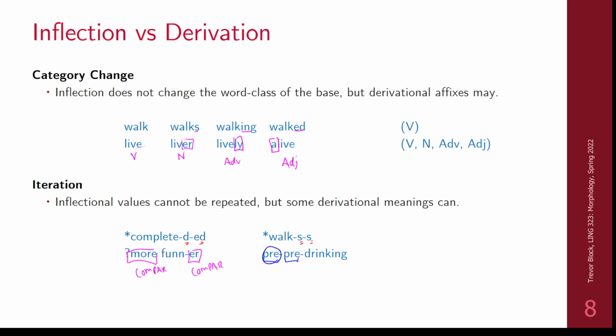So in this case, you're taking a morpheme like pre, and you're just doubling up, and it repeats its meaning. So pre-drinking is drinking before drinking, and pre-pre-drinking is drinking before pre-drinking, which is drinking before drinking. So pre-pre-pre-drinking and so on, you can see how it stacks up. So these would be derivational and these would be inflectional, because derivations can repeat. Not all, but some can.